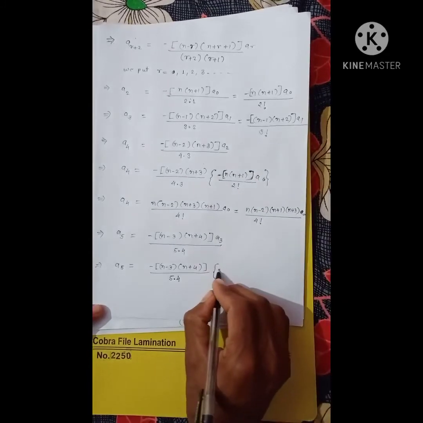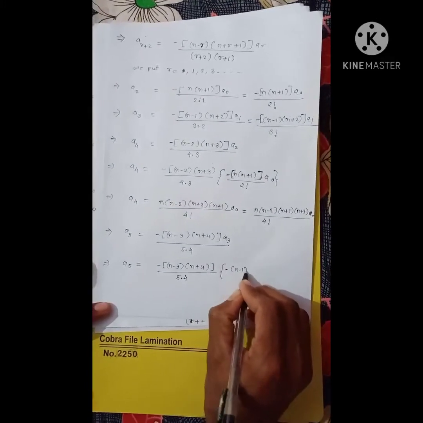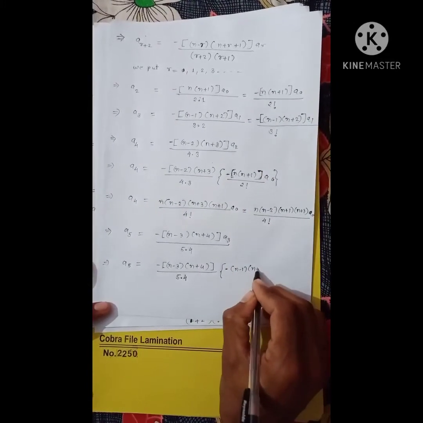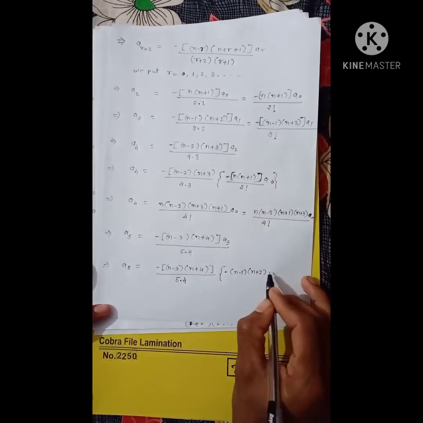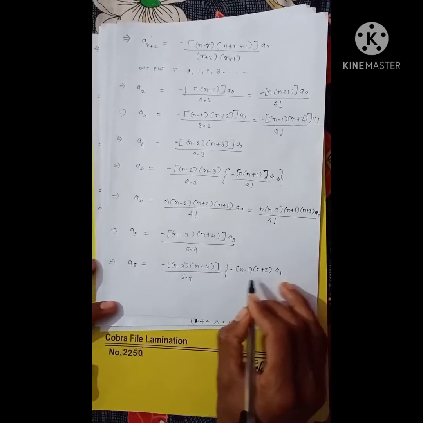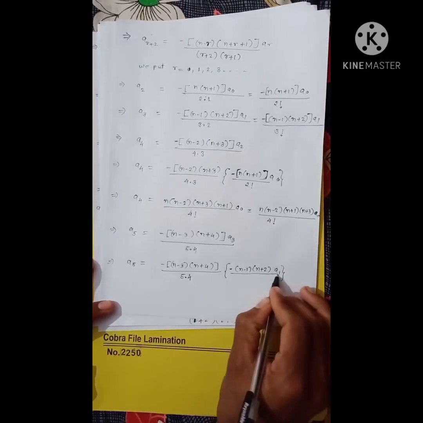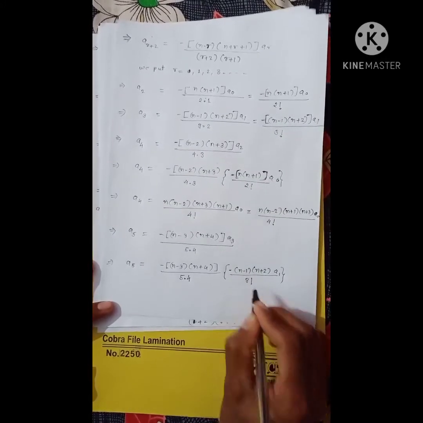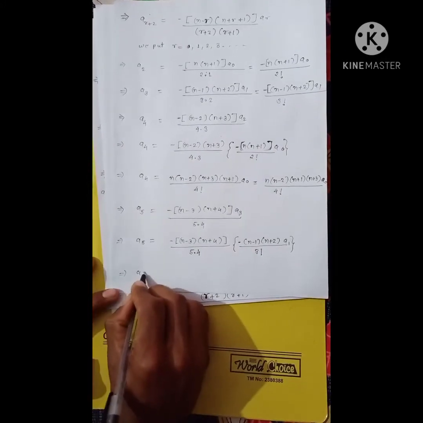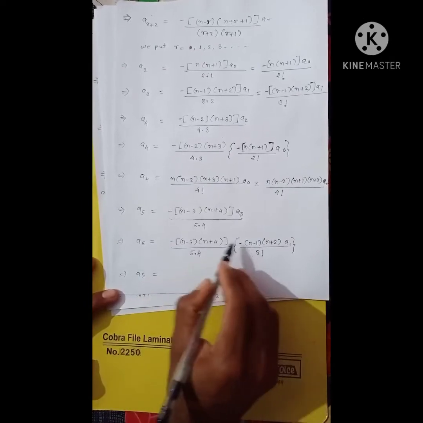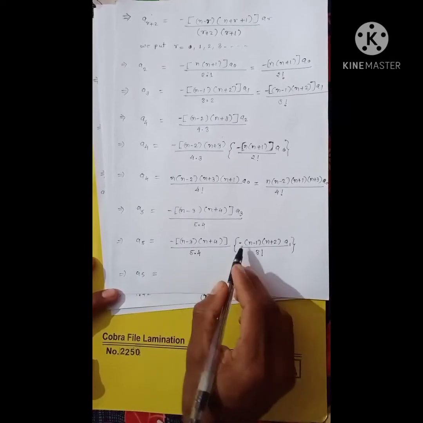So this is the value of a3: minus (n minus 1) into (n plus 2) into a1 upon 3 factorial. So a5 is equal to minus into minus becomes plus.